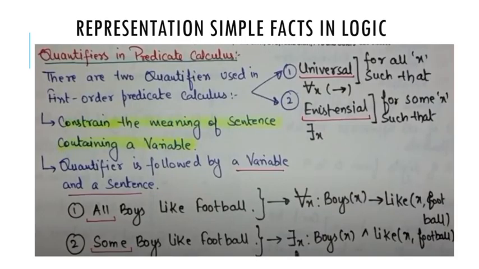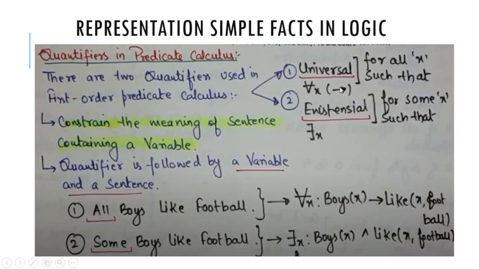Now coming to the quantifiers. There are generally two main quantifiers used in first order predicate calculus, that is FOPL. First is universal, as I have already told, and next is existential.